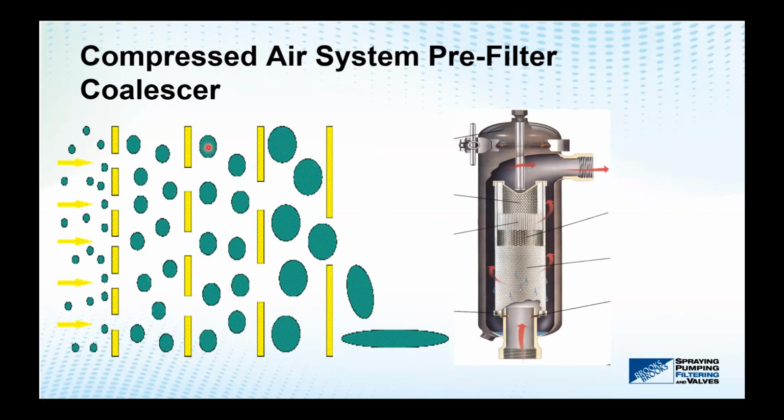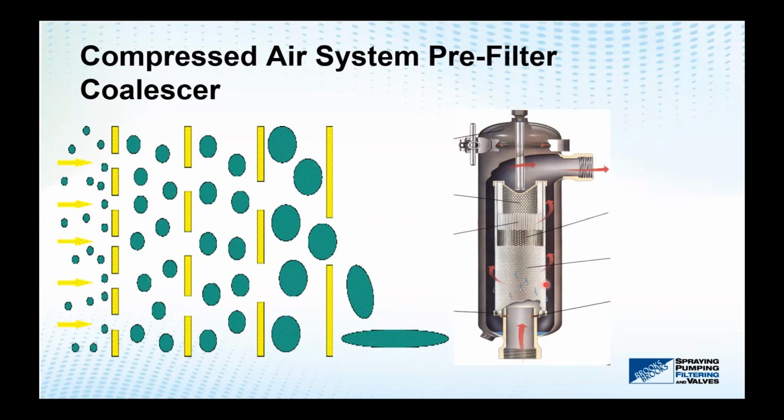All a coalescer does is take small aerosols and droplets and turn them into large droplets, so that as the air passes through the media and pushes the liquids through, the droplets are large enough and have great enough mass to fall to the bottom of the housing. The drawing on the right shows the droplets on the outside of the filter cartridge.